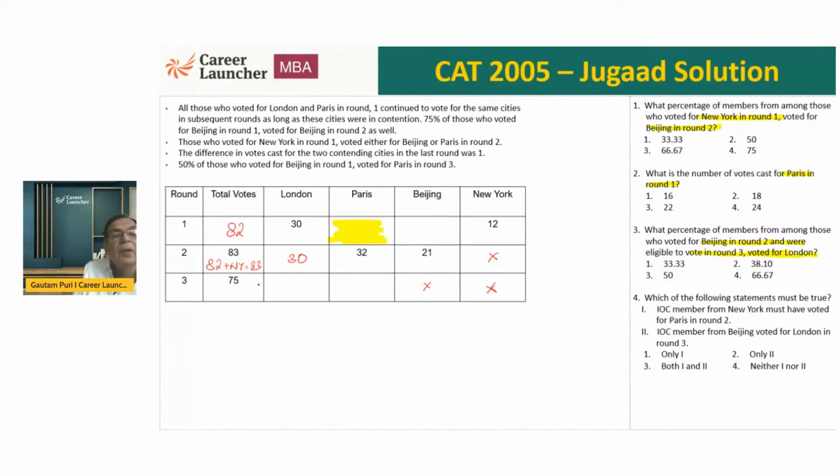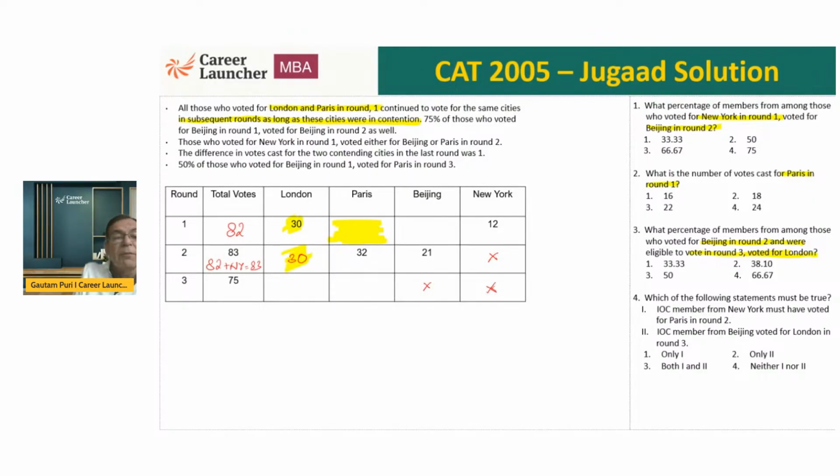Okay, great. Now let's look at the statements. All those who voted for London and Paris in round 1 continued to vote for the same cities in subsequent rounds as long as the cities were in contention. These 30 people who voted for London in round 1 have also voted for London in round 2.